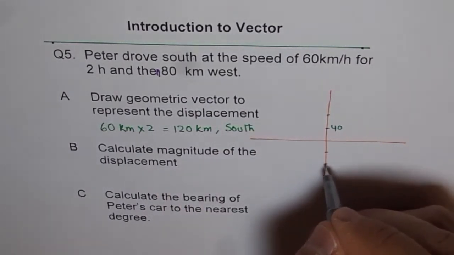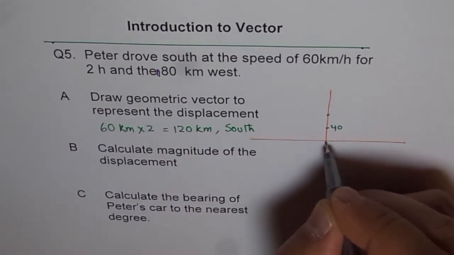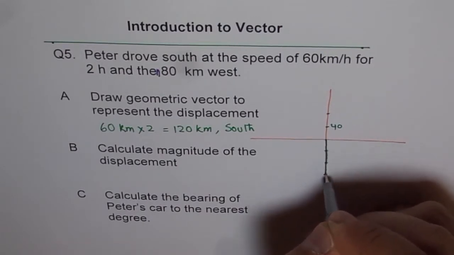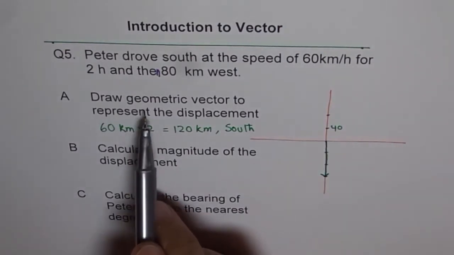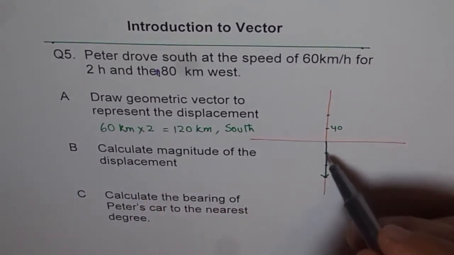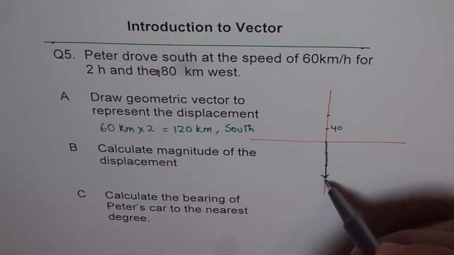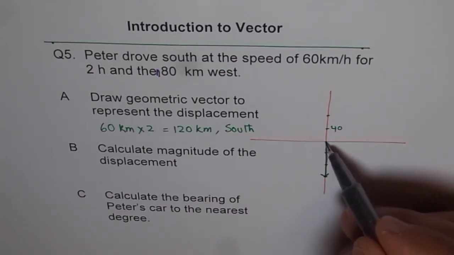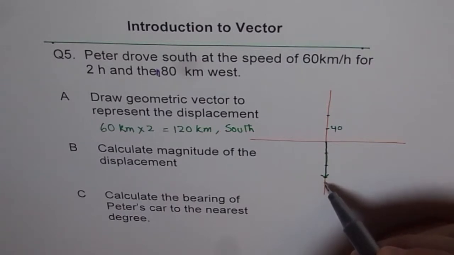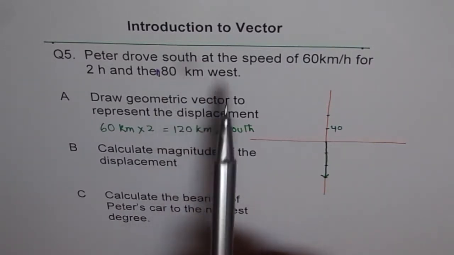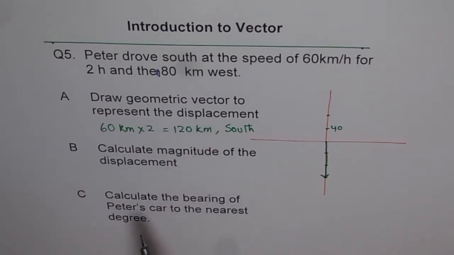So 40, 40 and 40 makes 120. So that becomes your geometric vector. So as you can see, we have a scale here. Arrow, starting point is the tail, that is the head. So that's the geometric vector which represents the first part of the problem.